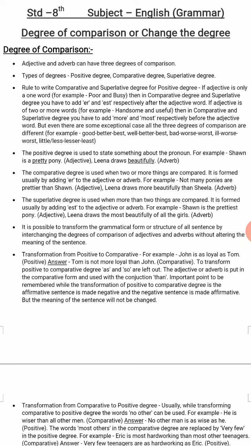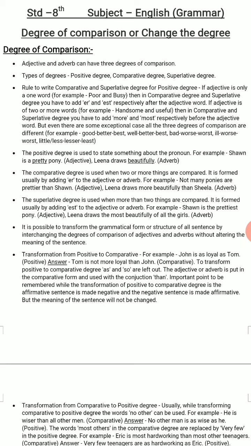Going further, if the adjective is of 2 or more words, that means a combination of 2 or more words, for example, handsome and useful. Here, hand and some are 2 different words, but combined they make one word. Same for useful: use and full are 2 different words, but they are combined to make one word.